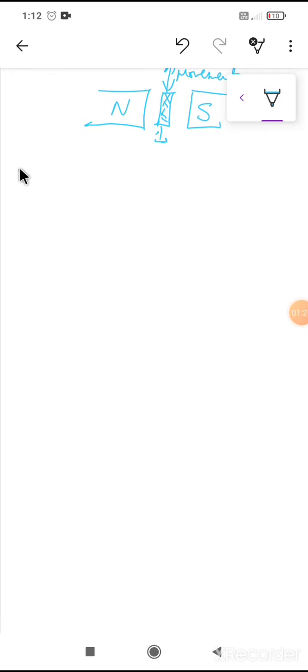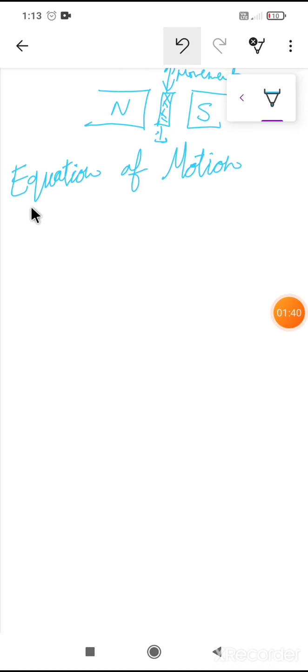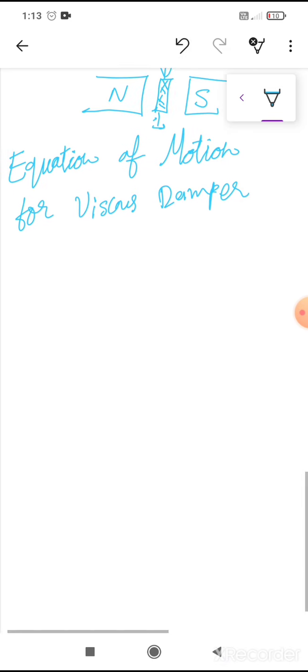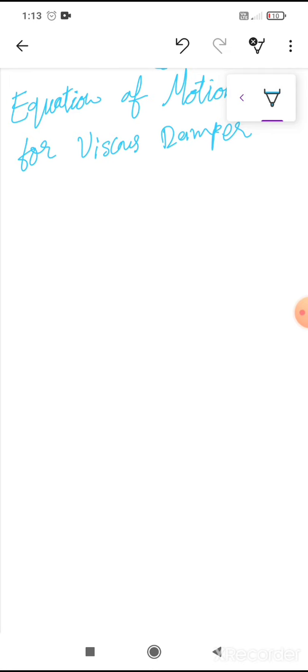Equation of motion for viscous damper. Now I will draw a spring mass damper system.